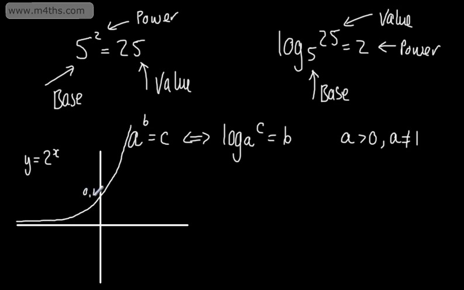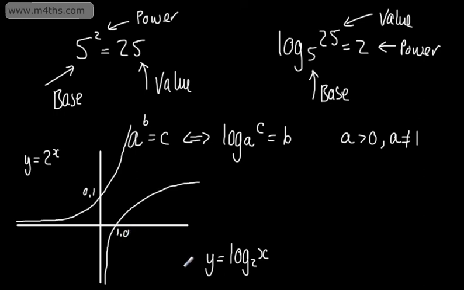This point is going to be 0, 1. What I'm now going to draw is y is equal to log to the base 2 of x. We will have a reflection in the line y is equal to x, and it will look something like so. This point here is going to be 0, 1. This point is going to be 1, 0.